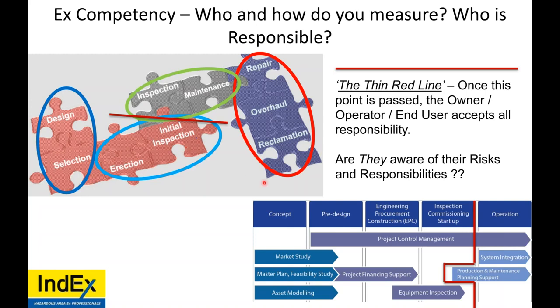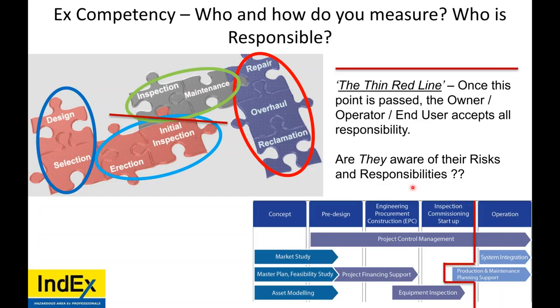Ultimately, all that happens during the concept, pre-FEED, design, and everything done by the EPC, even including the commissioning, the EPC takes all responsibility for that until the point of handover. At the point of handover, the end user accepts all responsibility.